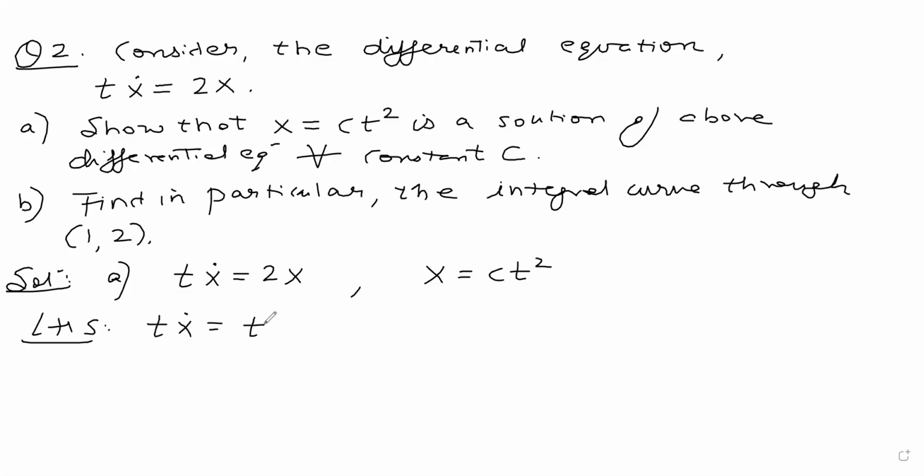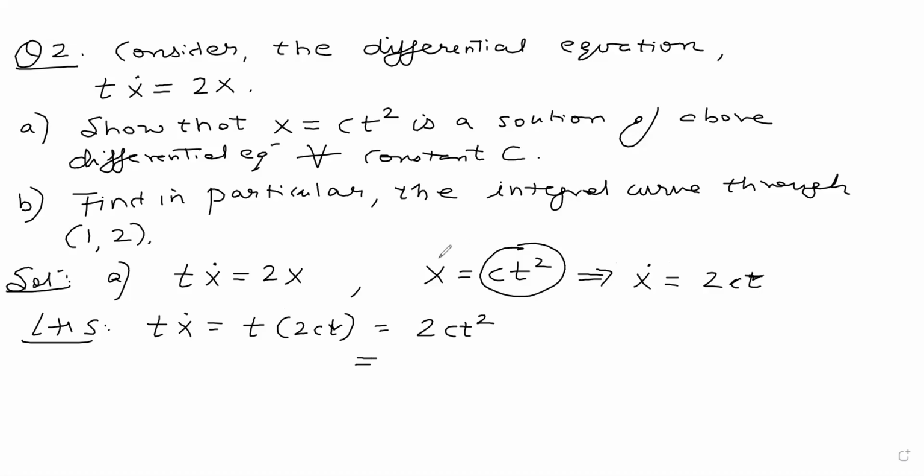This is nothing but t times x dot. X dot is nothing but 2ct, dx by dt. So t times x dot is 2ct square. And what is ct square? It's equal to x. So 2x, which is nothing but my right hand side.